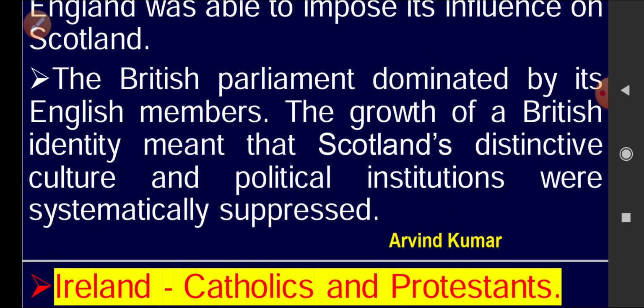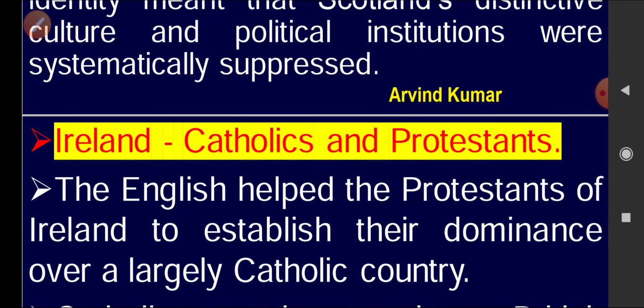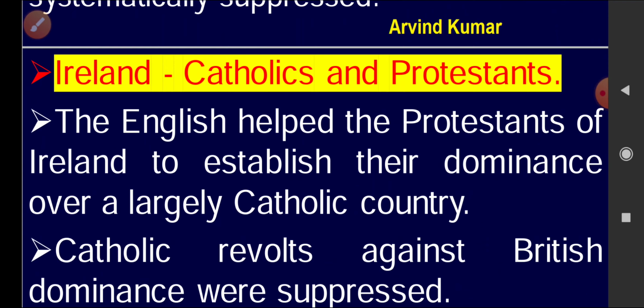Next we have the Ireland case. In Ireland two major communities, two major ethnic groups, were there. One was Catholics, one was Protestants. English people helped the Protestants of Ireland to establish their dominion over the large Catholic groups.